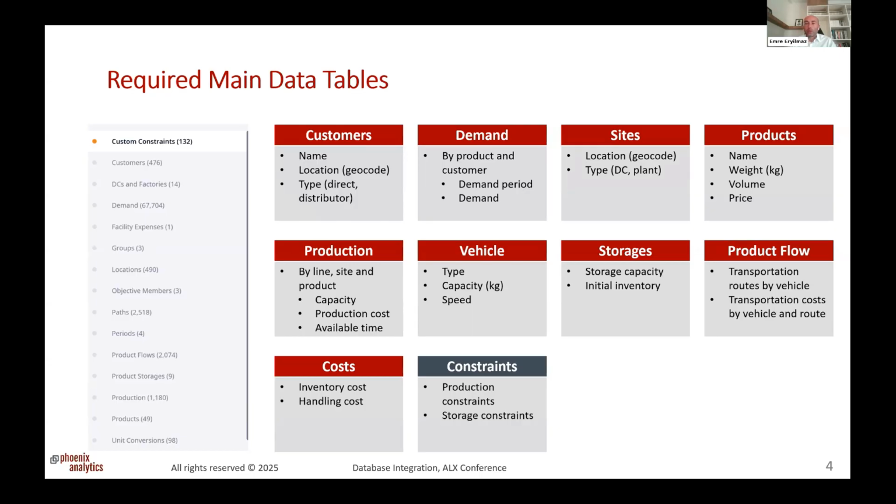Another important data table is product flow. In the product flow table, we need the route: which plant is used to deliver products to which customer, which vehicle type is being used, and also the transportation cost of that route by vehicle type.